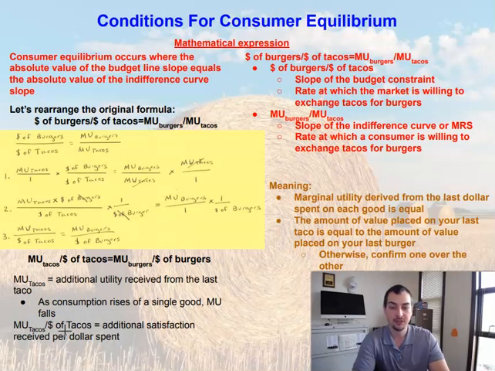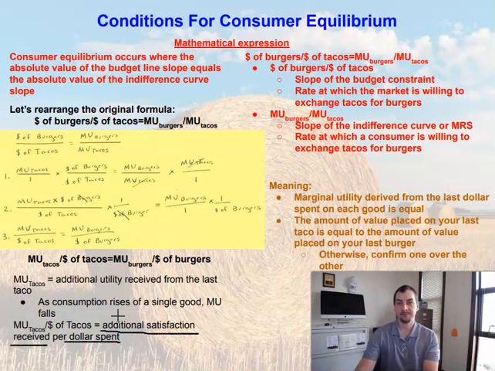So the marginal utility of tacos divided by the price of tacos would be that additional satisfaction received per dollar spent. So basically, we can now say that the additional satisfaction per dollar from that last taco must equal that additional satisfaction per dollar from that last burger. So it's that marginal utility, or that additional utility from the last dollar spent on each good, is equal.